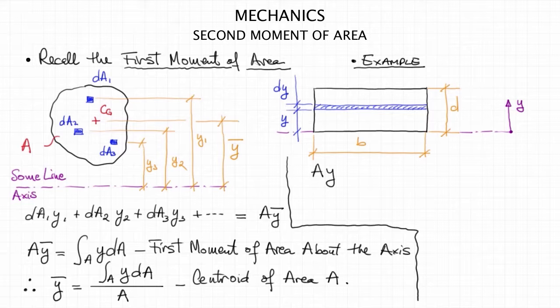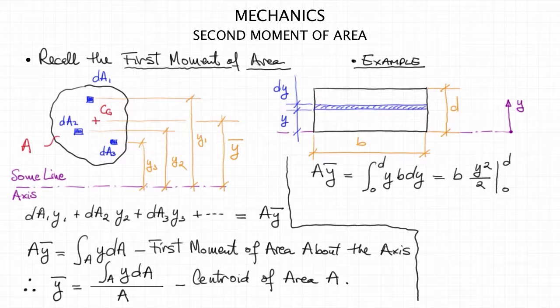So then A times y bar equals, of course, the integral. Now we can go into one dimension only, so from 0 to d. We do that because the width is constant, of y b dy being the area. So that equals b y squared over 2 taken from 0 to d.